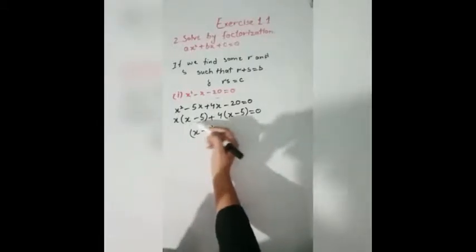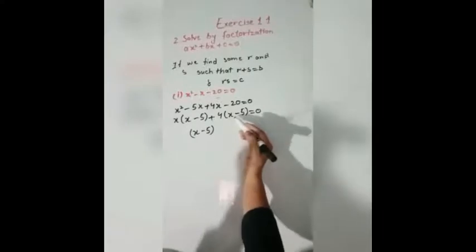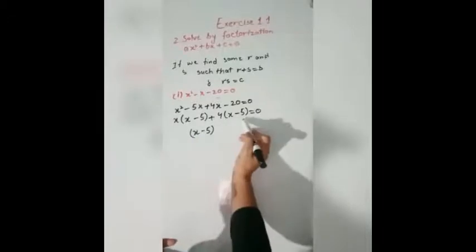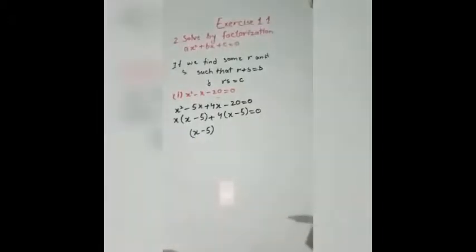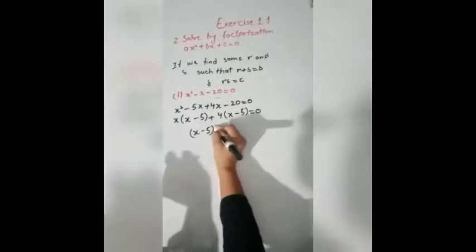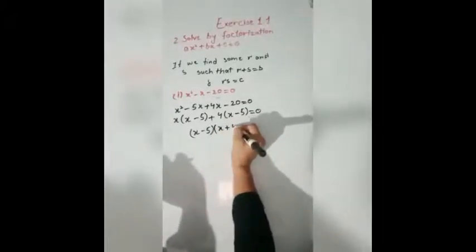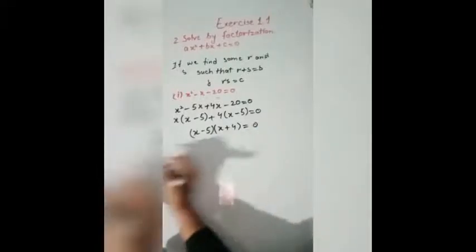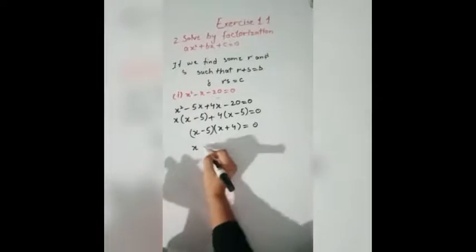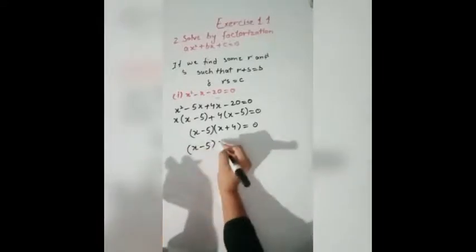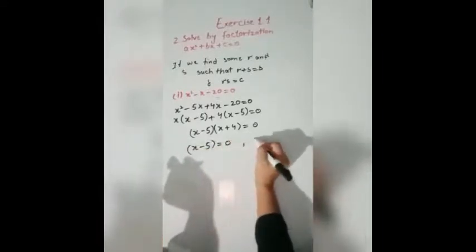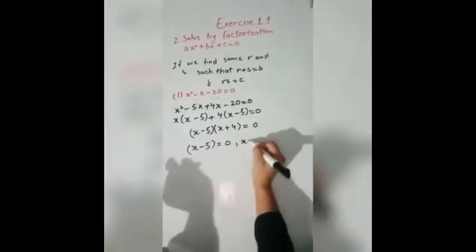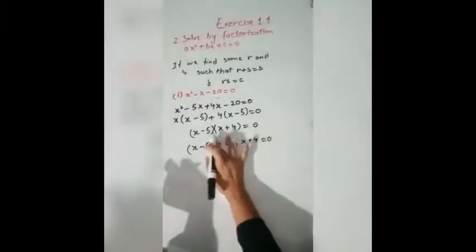This factor and this factor are the same, so our factorization is correct. Now we have to write separately: x minus 5 is equal to 0 and x plus 4 is equal to 0.